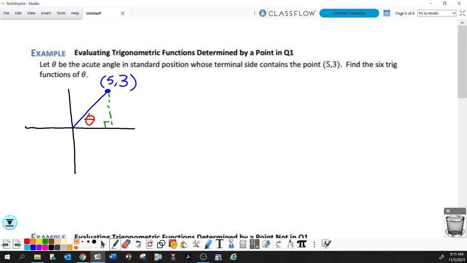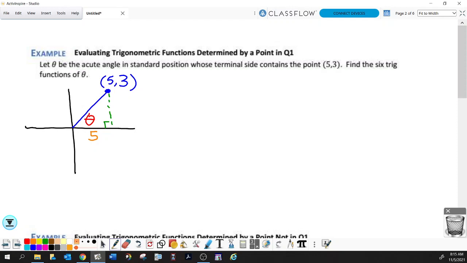On the x-axis, the positive x-axis, what is the length of that horizontal leg? 5. Yeah, it's 5. Of course it is. Because that's the coordinate, 5, 3.